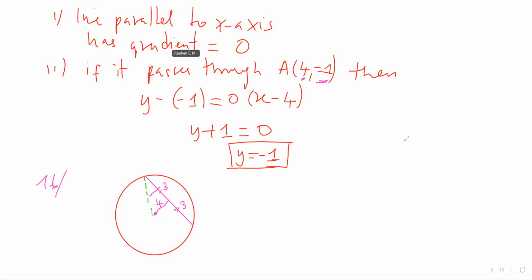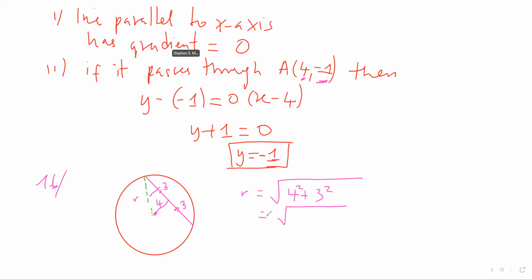So to proceed, since we know that the chord is 6 and is 4 centimeters away from the center, we can immediately write the radius to be the square root of 4 squared plus 3 squared.